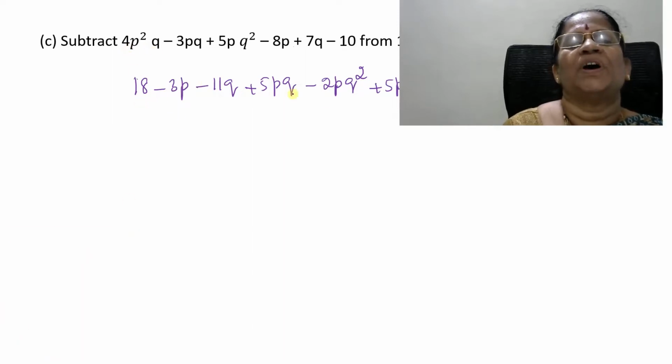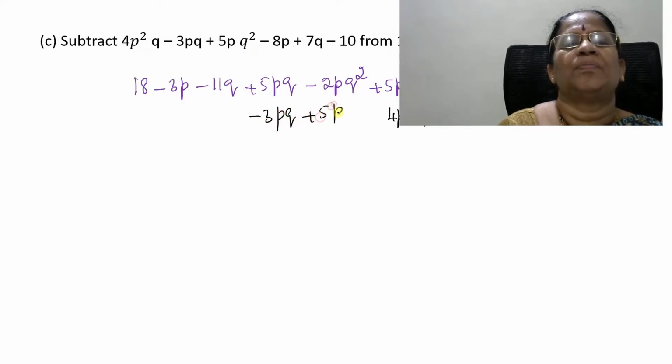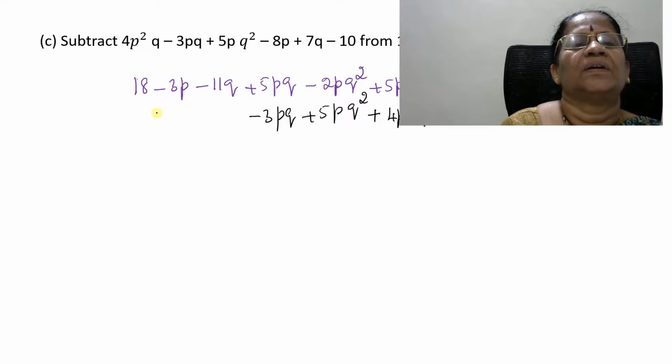So 4p square q, p square q, where is it? Here. It is 4p square q minus 3pq plus 5p square plus 5pq square. Then this is plus 4 plus, correct. Then minus 8p plus 7q minus 10.